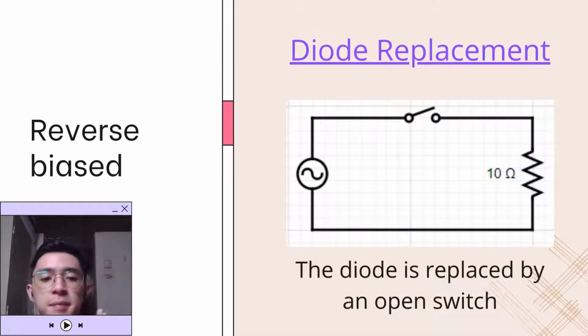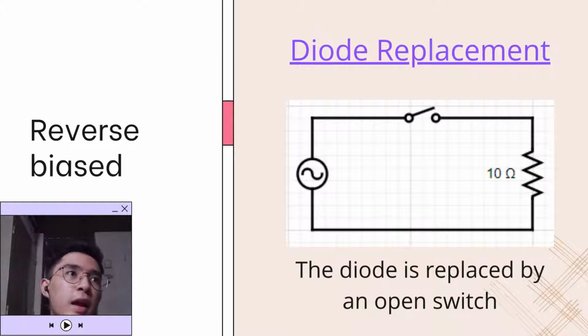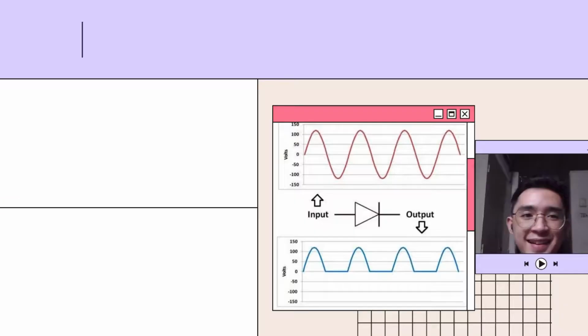For reverse bias, the current is going against the direction of the diode, so there is no current flowing, therefore the current is equal to 0. And as the current equals 0, we normally replace it by an open circuit. That is why we have an open circuit there.